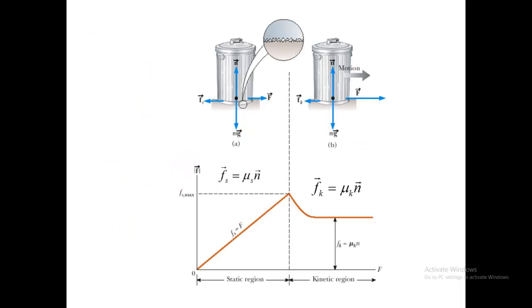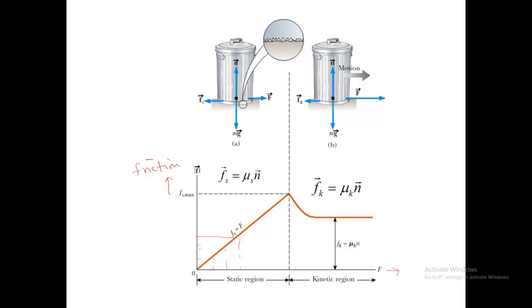For coefficient of friction. You see, this is a graph between the force applied and the force of friction. This side you have force of friction, right? Along this side you have force applied. You keep on applying the force, and force of friction increases.